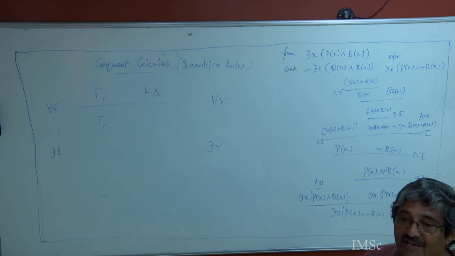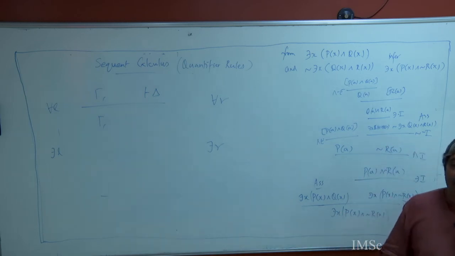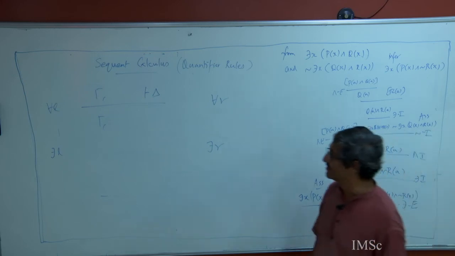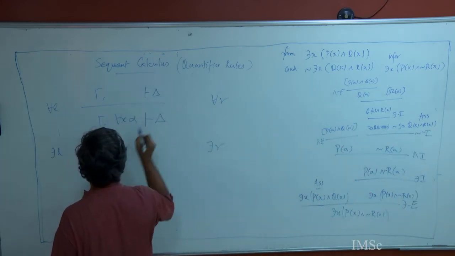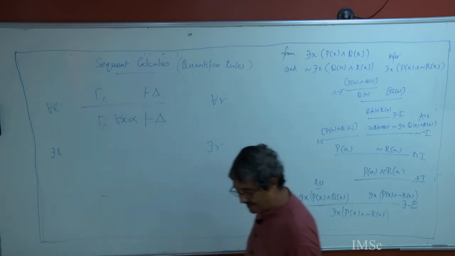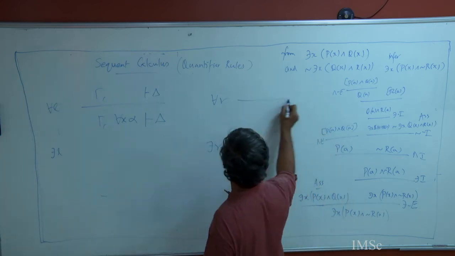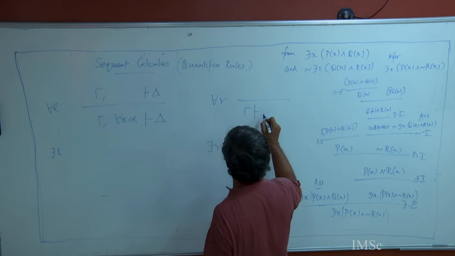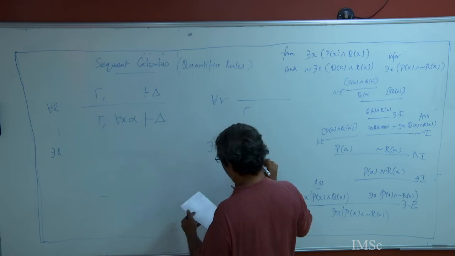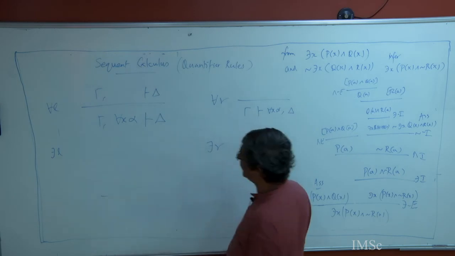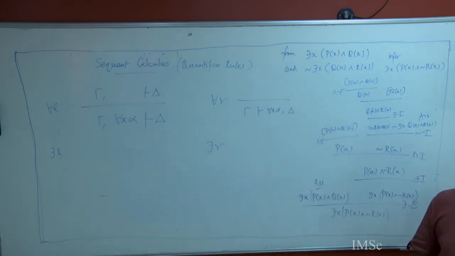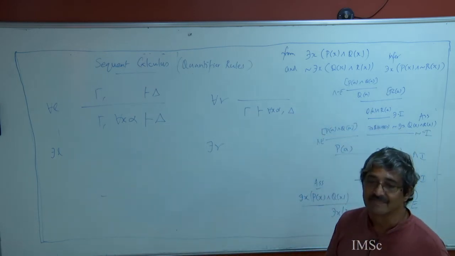So the connective that you are looking for always appears below the line. So this is the form in which you have got, and it's the form in which it appears on the right hand side. Oh, sorry. Yeah, there is only gamma.